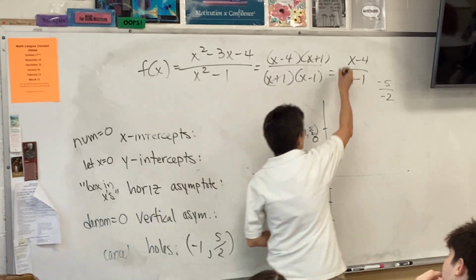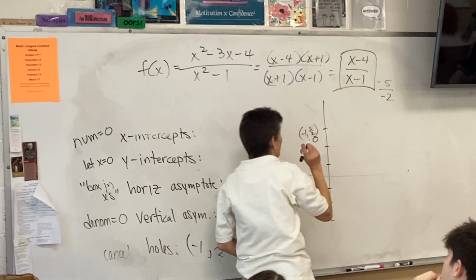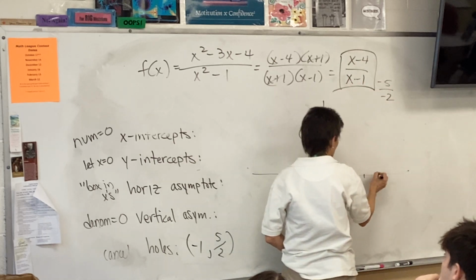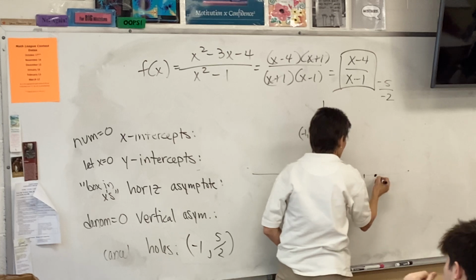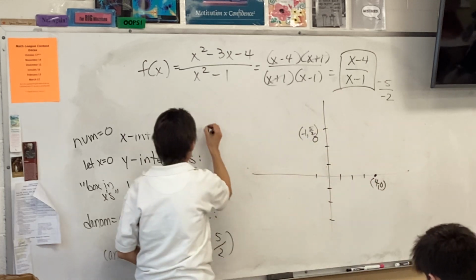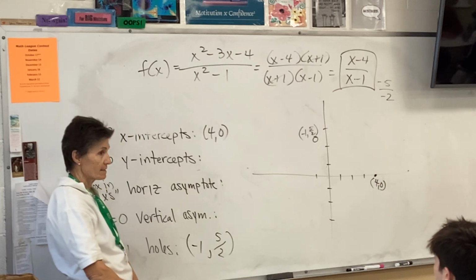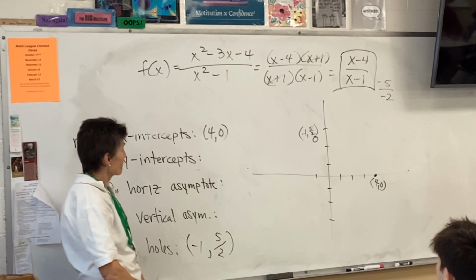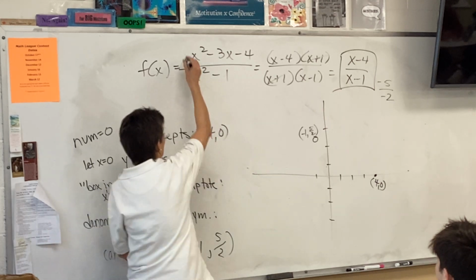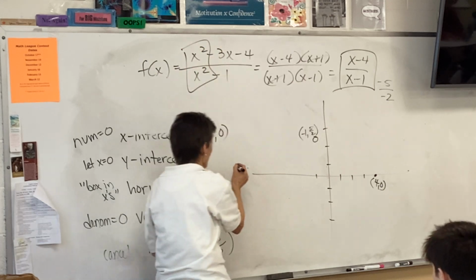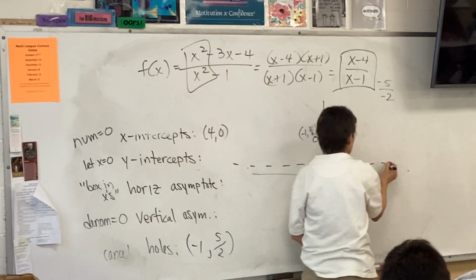Look at this right here. Positive 4 is my x-intercept, because that's what makes the numerator equal 0. If you put in positive 4, you get 0. My horizontal asymptote is y equals 1.